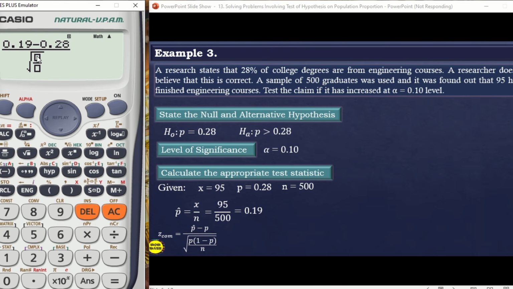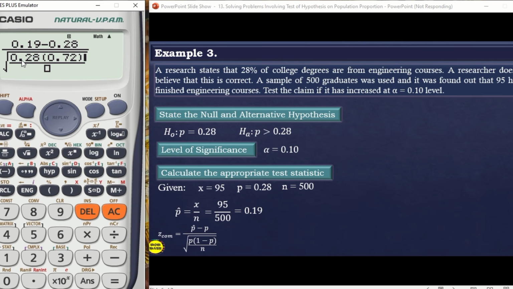So yung population proportion natin na 0.28, multiply natin sa 1 minus p. So yung 1 minus p natin, that is, 1 minus 0.28. What will be the answer? So anong sagot natin? 0.72. Tama ba?